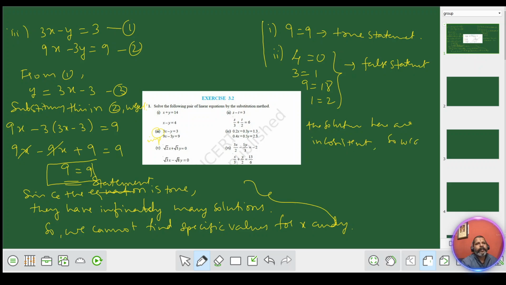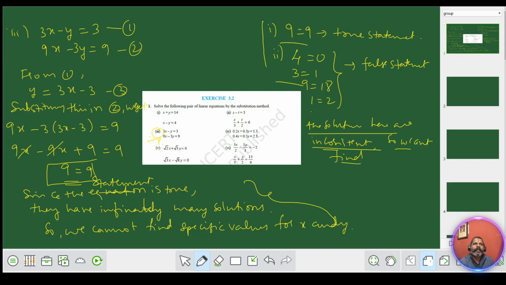We cannot find a solution. Inconsistent comes in parallel lines, right? If the first two ratios are equal and not equal to the third ratio, then the lines are inconsistent. When the lines are inconsistent, they are parallel lines, so they will not have a solution. We'll see that kind of question later; it will come in the exercise only. So what you have to write at that time is, since the solutions are inconsistent, we don't have solutions.